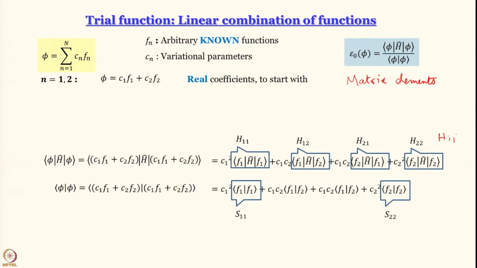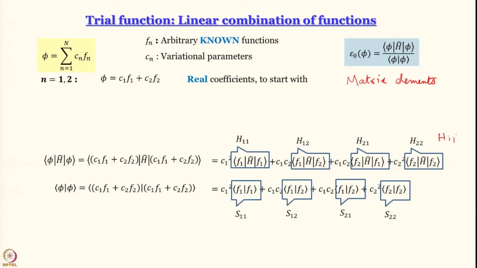This integral F2 star F2 d tau is called S22 and these two are called S12 and S21 respectively. Now this S, does it ring a bell? I am sure most of us would have studied some quantum chemistry course somewhere. When we talk about bonding, this kind of expression is often encountered and this S is used for overlap integral.